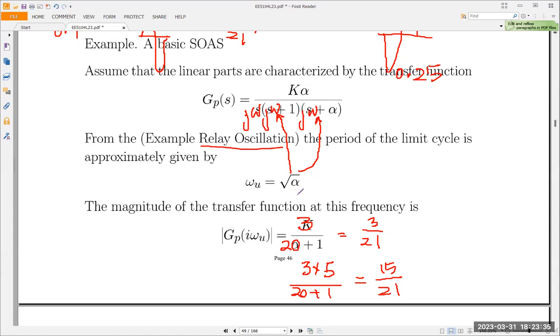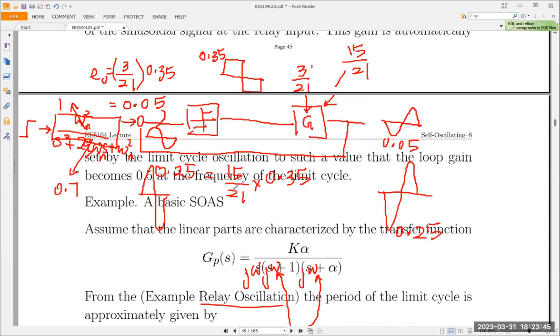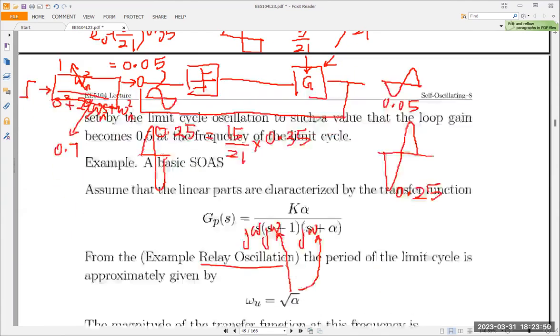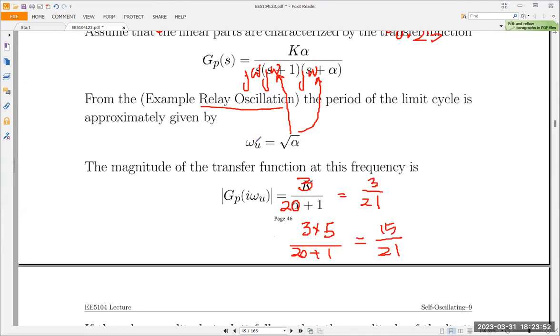You could look back. So that is old stuff. There's nothing new here. Use the old stuff. All right, because the gain here is from here to here. From here to here is always -1, old stuff. You use the old equation, you will calculate and get square root alpha.